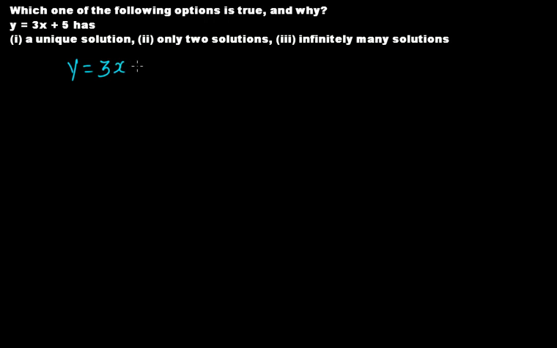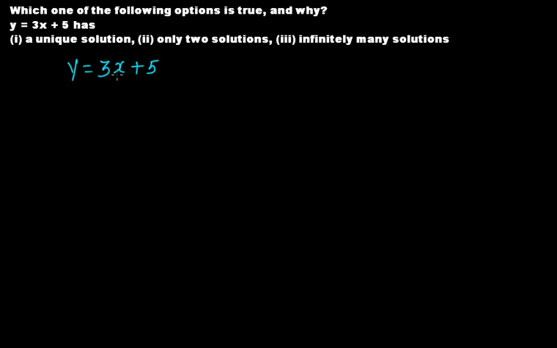Now here in this case, which one of the following options is true and why? y is equal to 3x plus 5 has a unique solution, only 2 solutions, or infinitely many solutions.